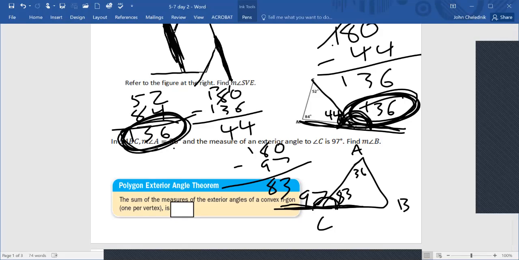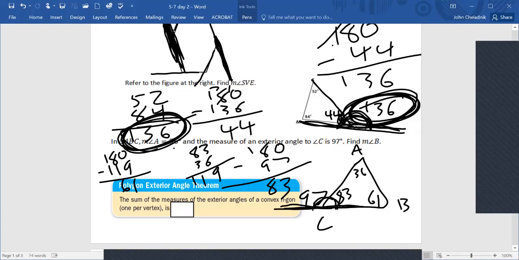So let's add these two angles up. 83 plus 36 is going to be 119. And then if you take 180 minus 119, you will get 61. So this angle is 61. Yes, there you go.